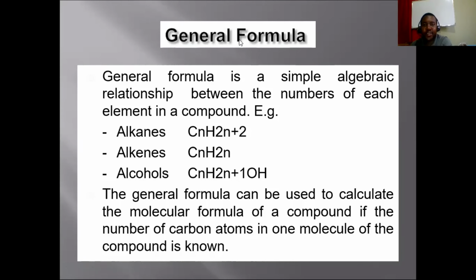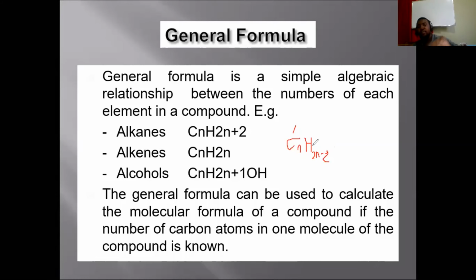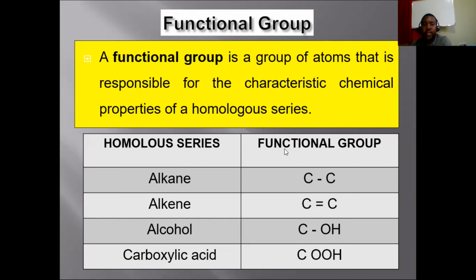All right, so CnH2n+1? No, not quite. Alkynes have CnH2n-2, so it's the opposite of our alkenes. Instead of a plus 2, we have a minus 2. So that's for alkynes. Sorry. A functional group is a group of atoms that is responsible for the chemical properties of a homologous series, which we've been through already.